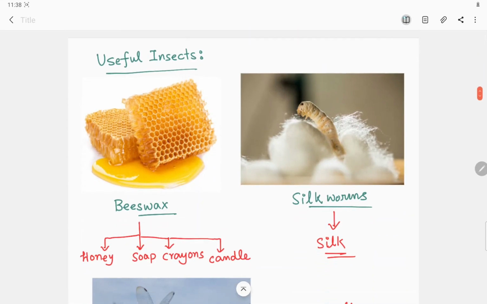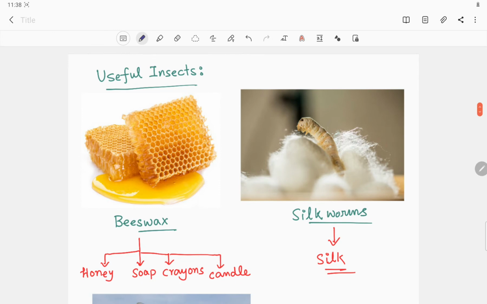Now, we will talk about useful insects. Some insects are very useful to us. They help us in many ways. You can see the picture. This is beeswax, right? Here, we can get honey and beeswax from beehives.